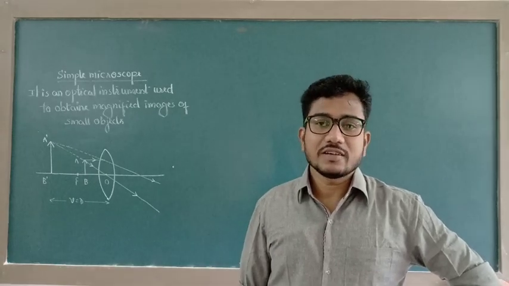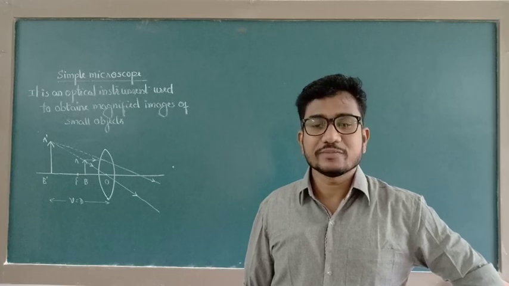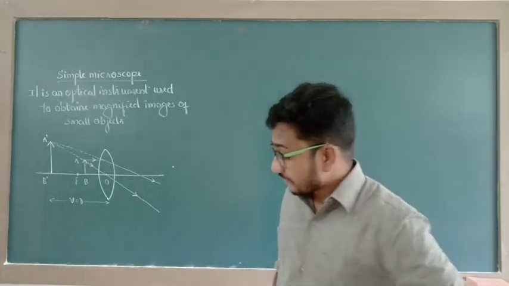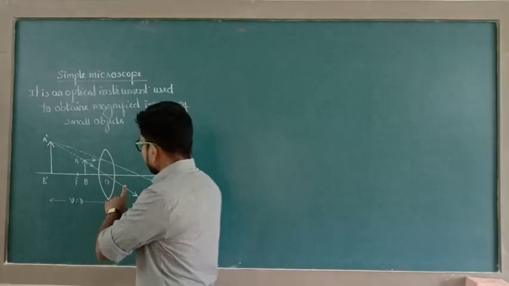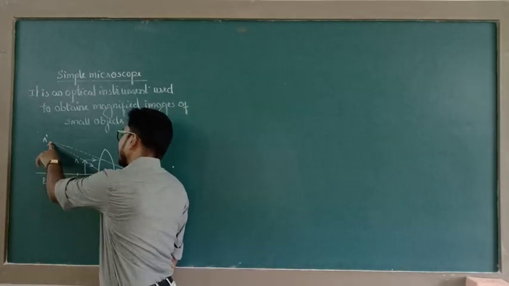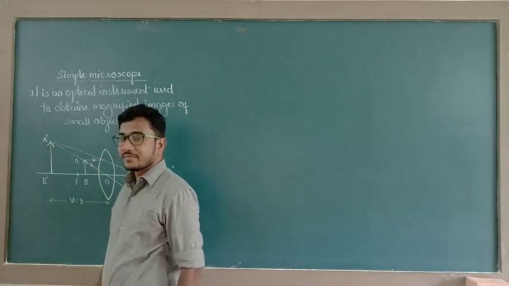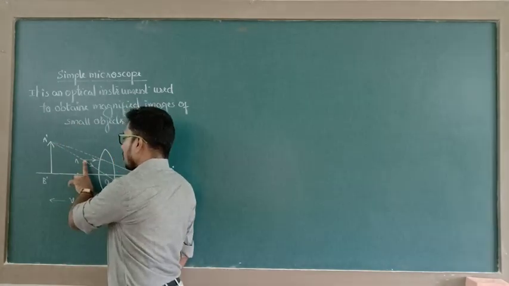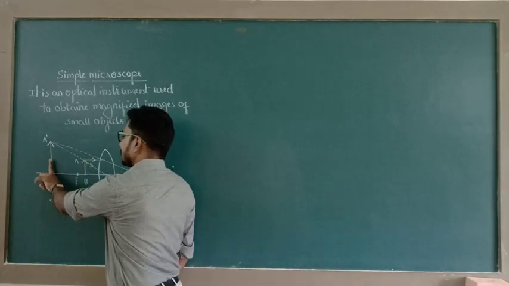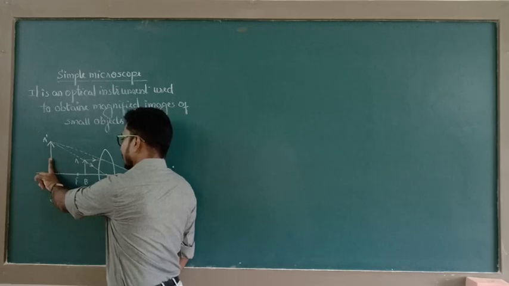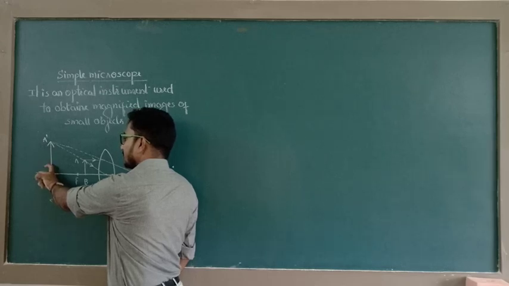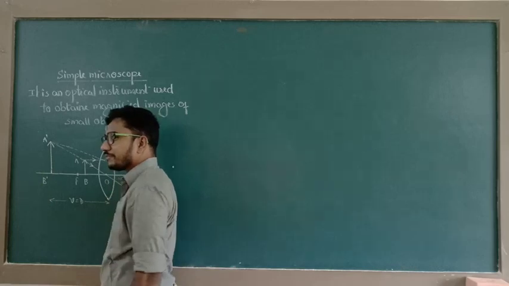How is it possible to lie at the same position? Yes, it is possible. See here. Now I am going to say this segment meets the image. Now I am going to shift this object to the least distance of distinct vision. Now I am going to consider a ray from the top of the object to the optical center.